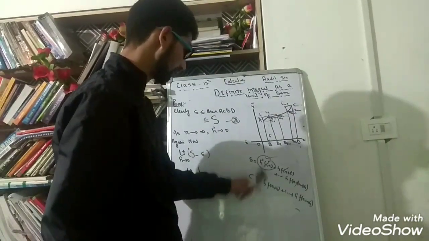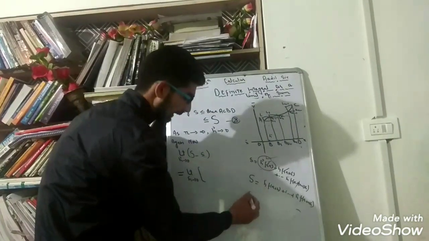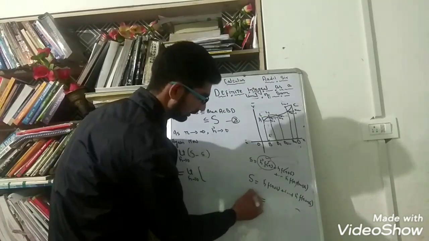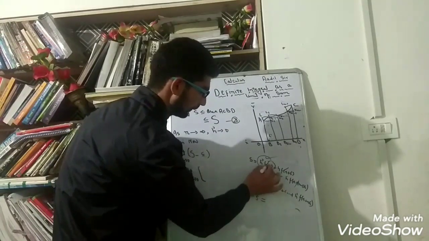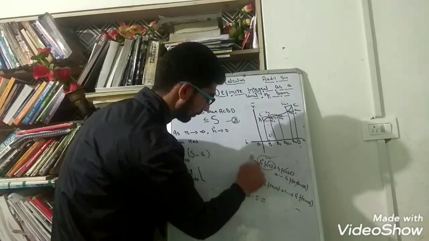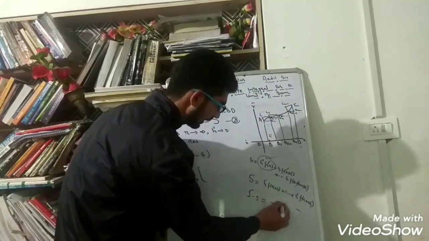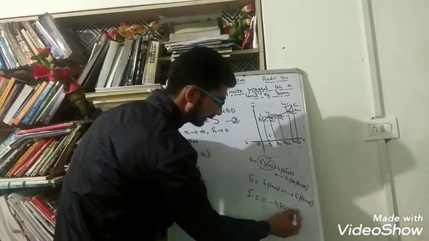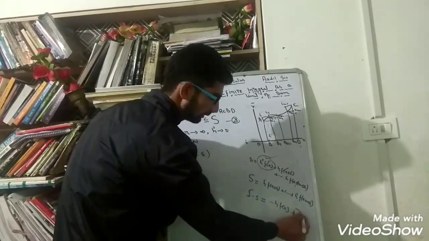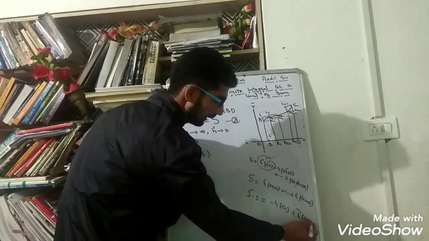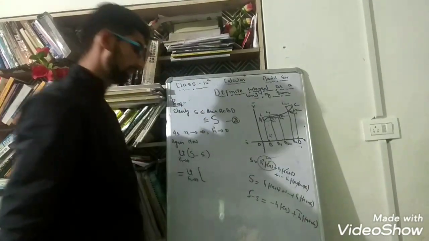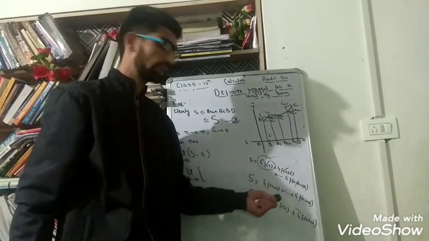When I subtract these two, S minus s, I will get minus h f of a, and the last term h f of a plus nh. These two terms I will get, and the rest will get cancelled.